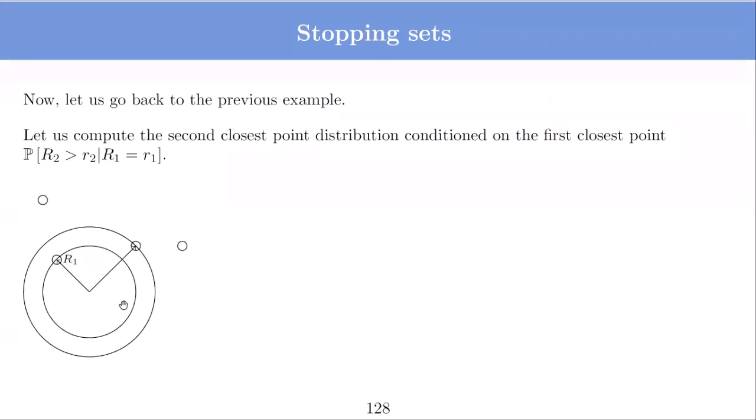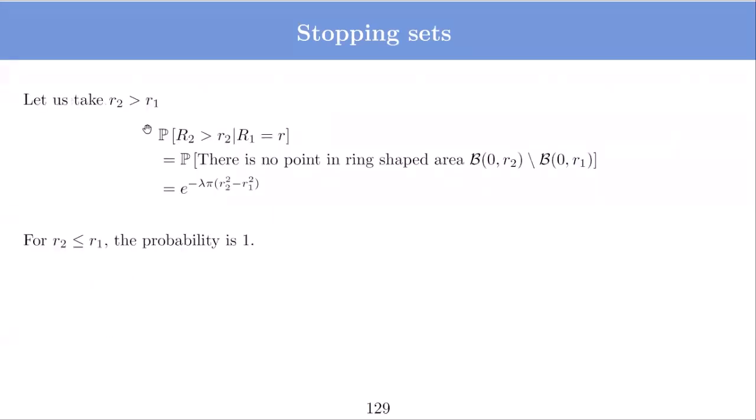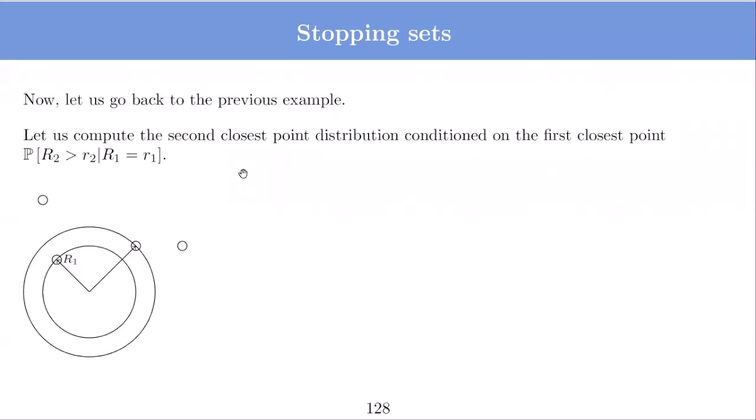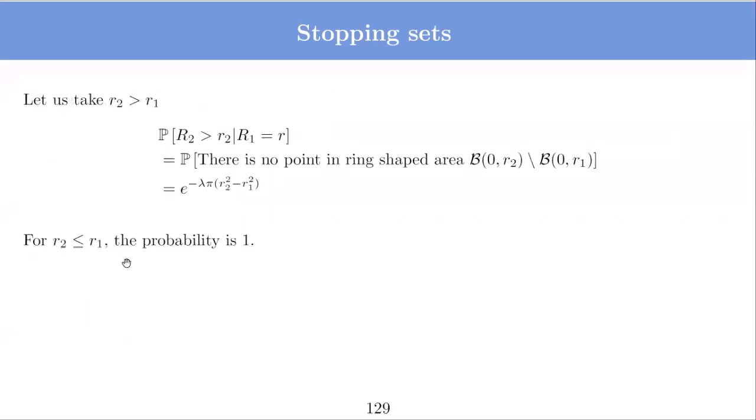This is a random closed compact set, and still the independence holds because this is a stopping set. So even when conditioning that the first point is at distance r1, the point distribution in the ring does not change. So the probability that there is no point in this ring still remains that of the unconditional PPP, which is given by the void probability.